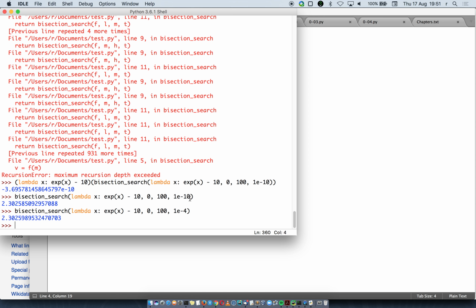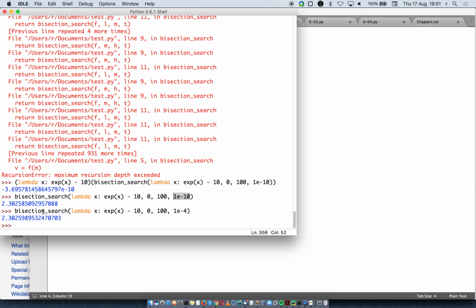But as we make the tolerance smaller, the closeness, what we're looking for is a solution to function equals 0, right? The equation is function equals 0. So this is how far from 0 we are, right? We're getting closer and closer to 0. So as we decrease the tolerance, as we request more precision, right, we are getting better results.